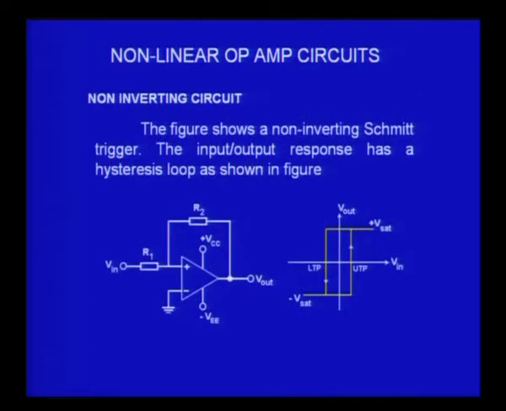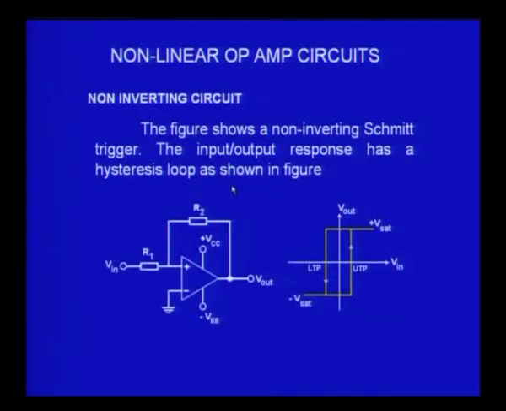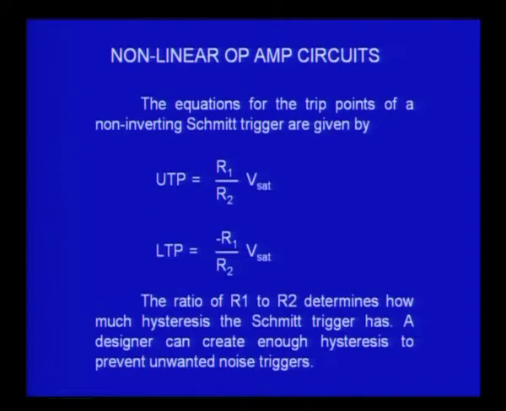Okay, we can have two different types of circuits: the non-inverting Schmitt trigger and the inverting Schmitt trigger. The figure shows a non-inverting Schmitt trigger and the corresponding input-output relationship, with minus Vsat and plus Vsat. I initially showed you the inverting Schmitt trigger.